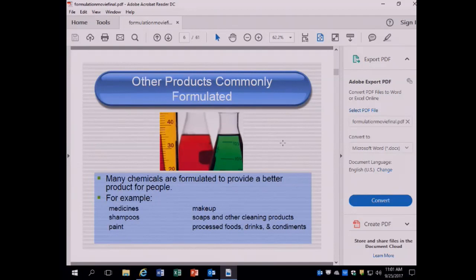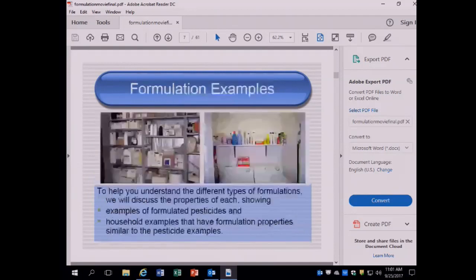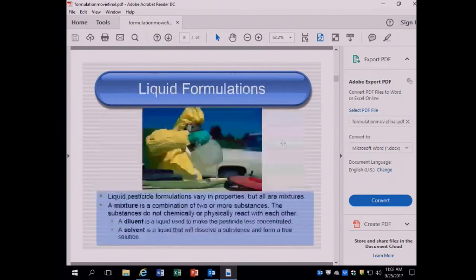All right, moving along. It talks about formulation examples. There are a lot of different formulations of pesticides, and household examples that have similar formulations as pesticide stuff. We talk about liquid formulations.